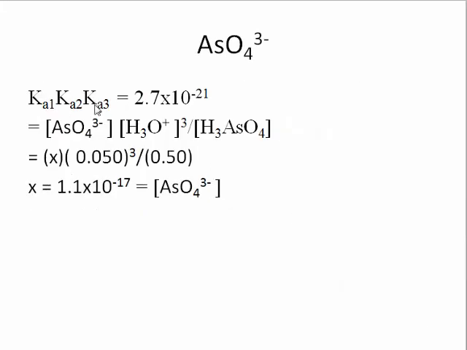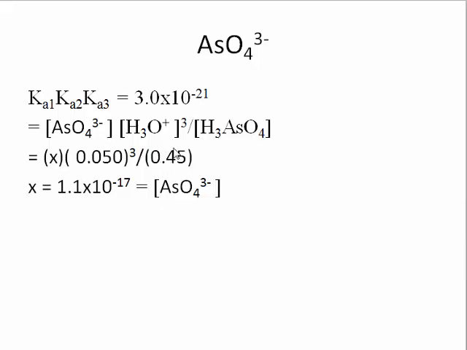This means that we can find the equilibrium constant for that reaction by multiplying the 3 Ks together, that gives 2.7 times 10 to the negative 1 as the equilibrium constant. And at equilibrium that is equal to the concentration of this species times the H plus concentration cubed over the neutral acid concentration.